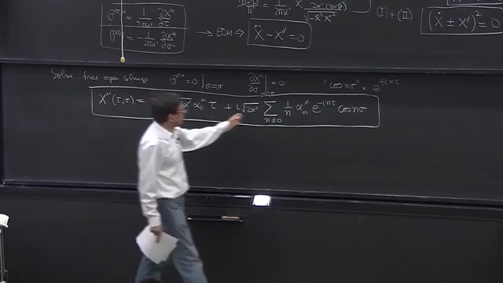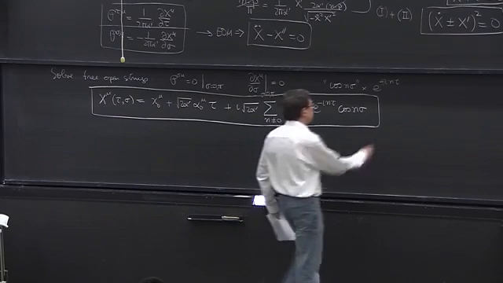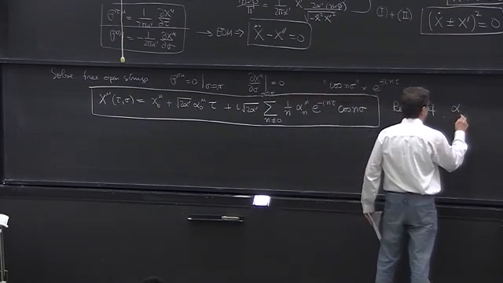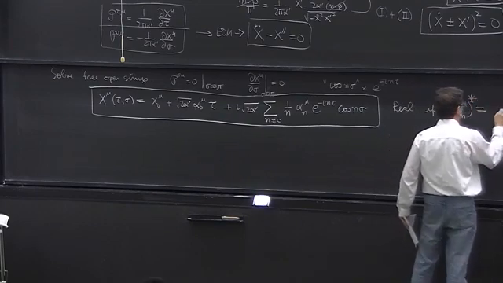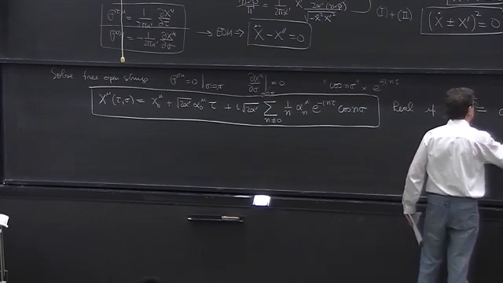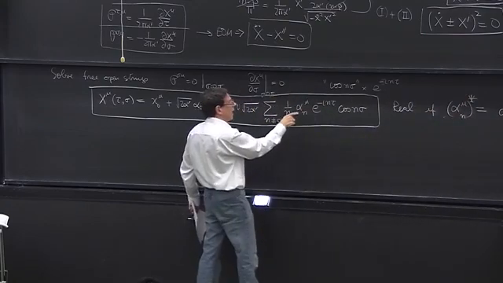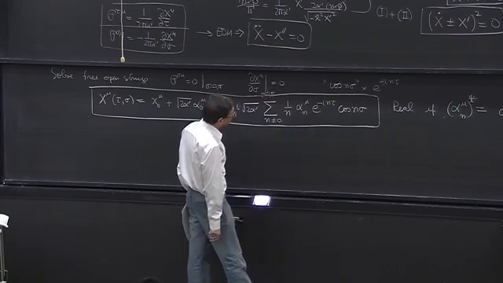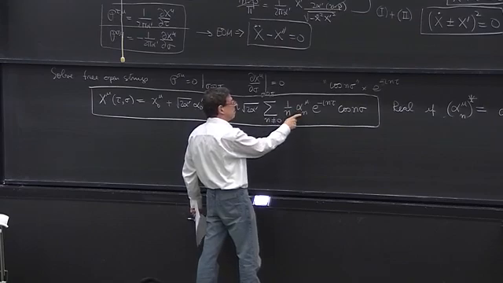Well, this term must be real, and it can be guaranteed that this term is real if alpha n mu star is actually equal to alpha minus n mu, which we will assume. Because if you take the complex conjugate of this, then it will become a minus n.